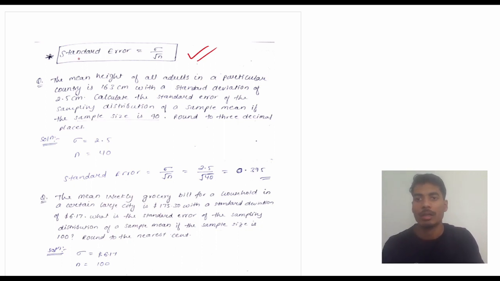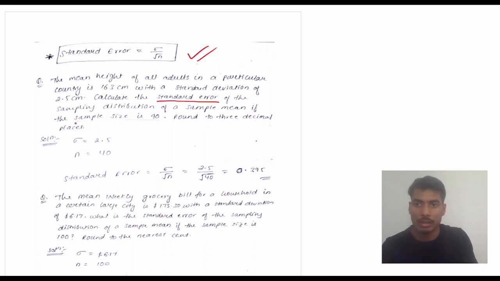Simple. The mean height of all adults in a particular country is 163 centimeters, with a standard deviation of 2.5 centimeters. Calculate the standard error of the sampling distribution of a sample mean if the sample size is 40.